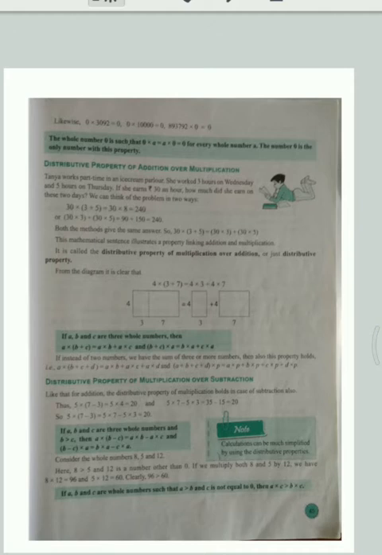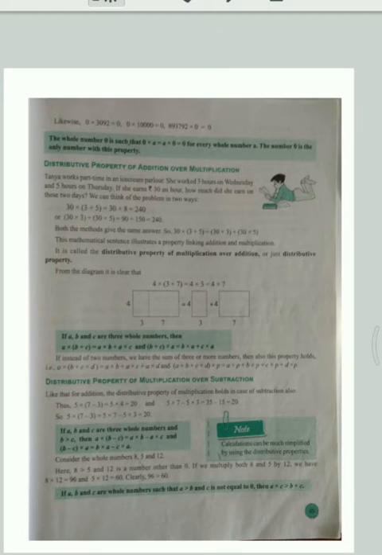Remember, 3 hours on Wednesday and 5 hours on Thursday. If she earns 30 rupees an hour, how much did she earn on these 2 days? The respective days' names, can you tell me? That is Wednesday and Thursday.